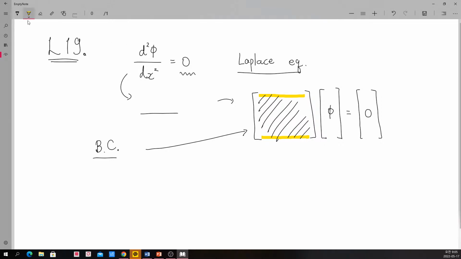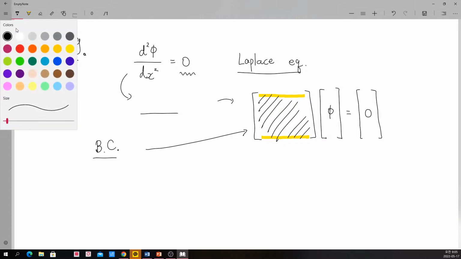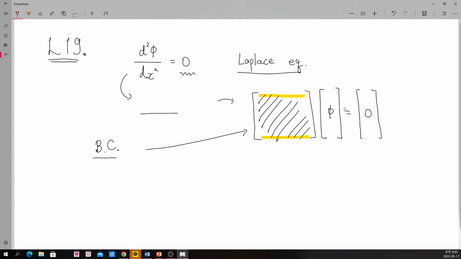Although in the usual case the right hand side vector contains all zero components, here the first and the last entries are different: we have phi at x naught, for example, if we start from a one-based index system, and also we have phi at x sub n, the last node.